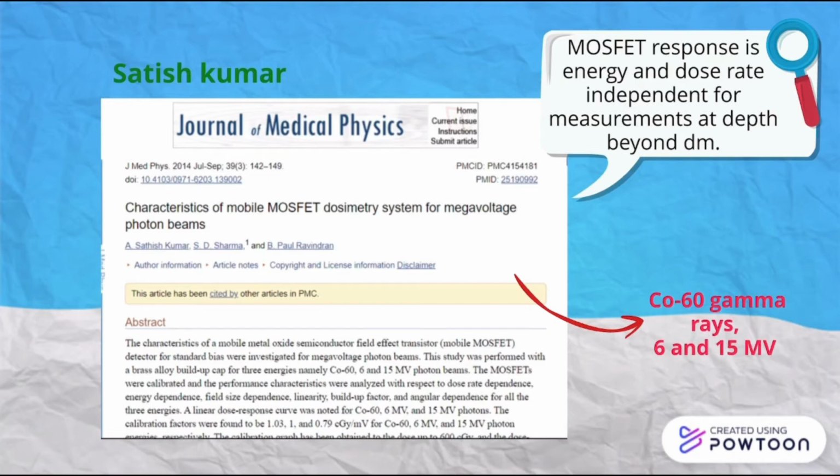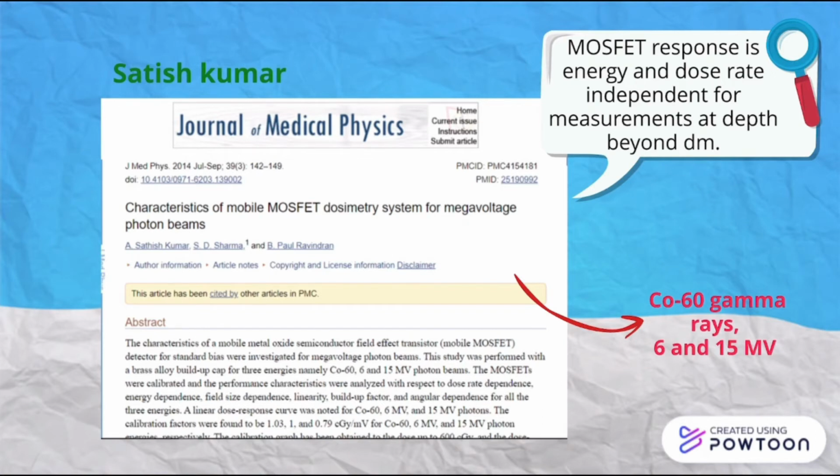It was observed that the MOSFET response is energy and dose rate independent for measurements at depth beyond dmax.